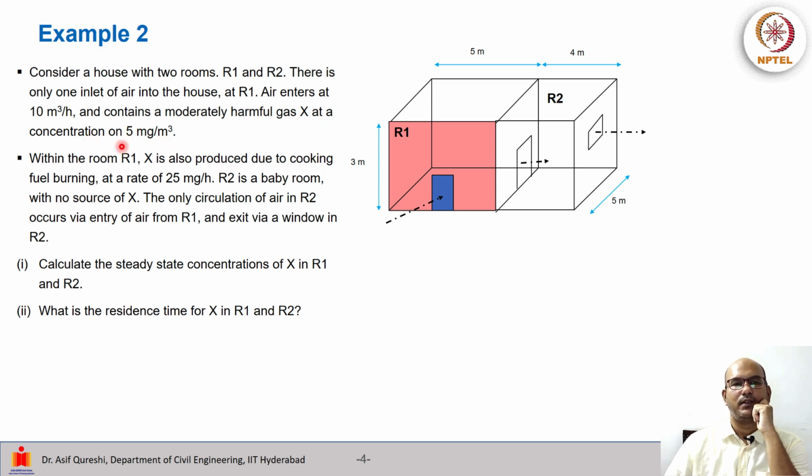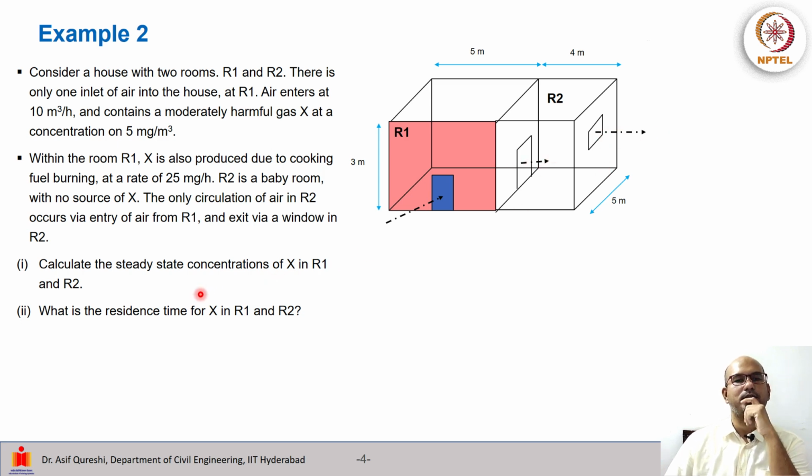Now within room 1, X is also produced due to cooking fuel burning at a rate of 25 milligrams per hour. R2 is a baby room with no source of X. The only circulation of air in R2 occurs via entry from R1, this arrow, and exit via window in R2. So air goes to R1 from here, R1 to R2 here, and then goes out of the window.